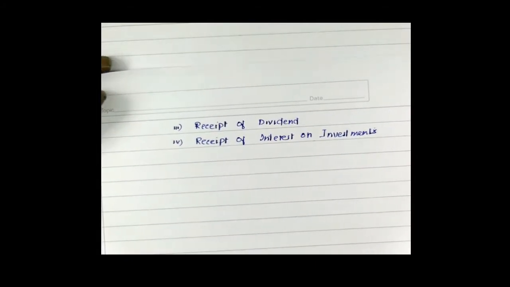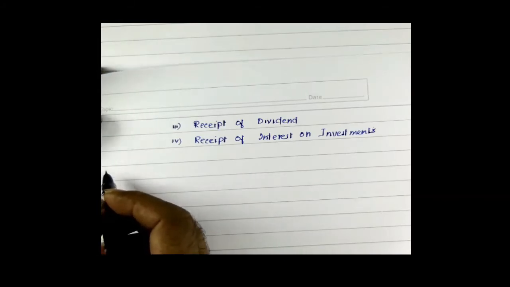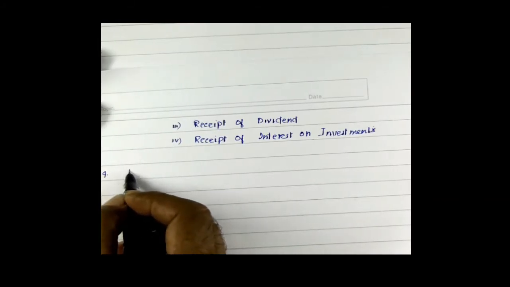Then you write further. Third, that is our point number 9, financing activities.